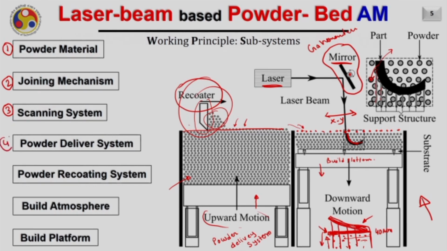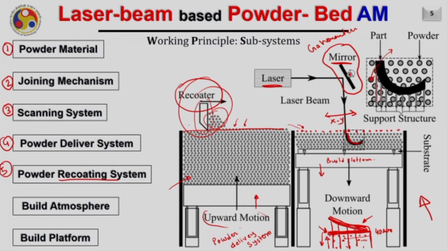The fourth one is the powder delivery system. How you are delivering the right amount of powder which can be spread on the cavity created on the build platform. The fifth subsystem is how you are going to spread this layer onto the build platform, and that is called the recoating system.